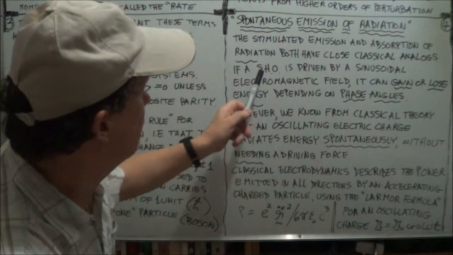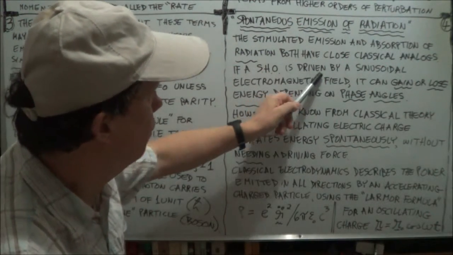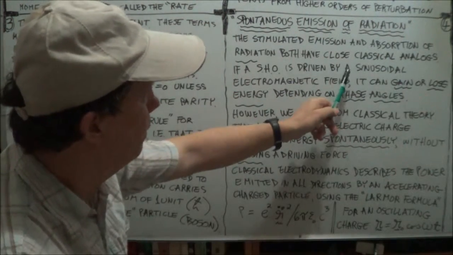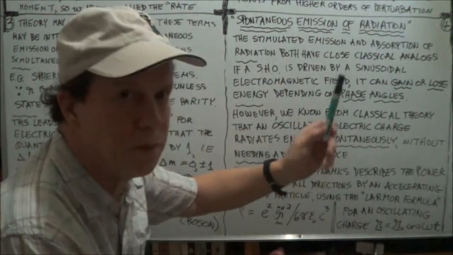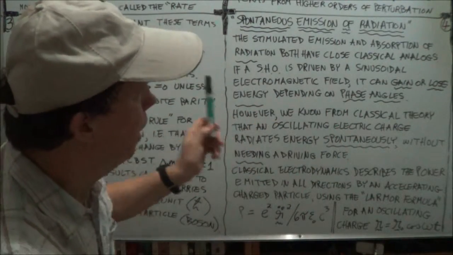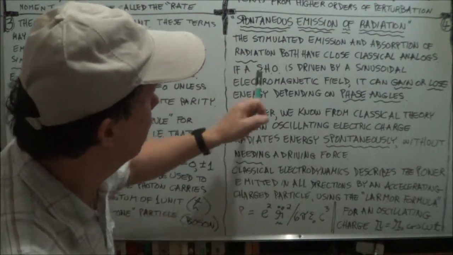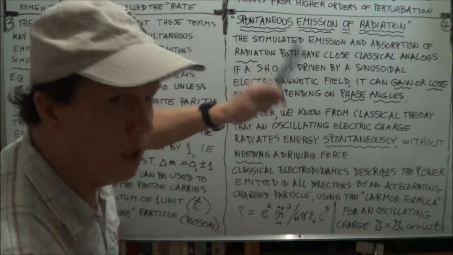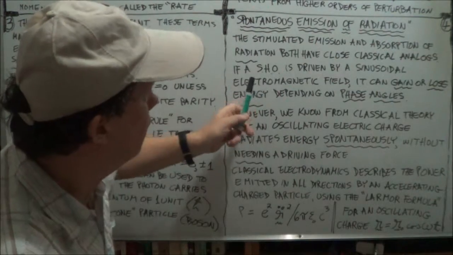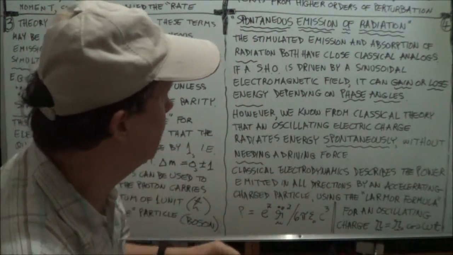For example, say you've got a simple harmonic oscillator, SHO, and it's driven, you apply a force to it in the form of a sinusoidal, just sine or cosine, electromagnetic field. So maybe you've got an oscillating charge, a simple harmonic oscillator, and you apply an electromagnetic field to that, classically, in terms of classical analysis.